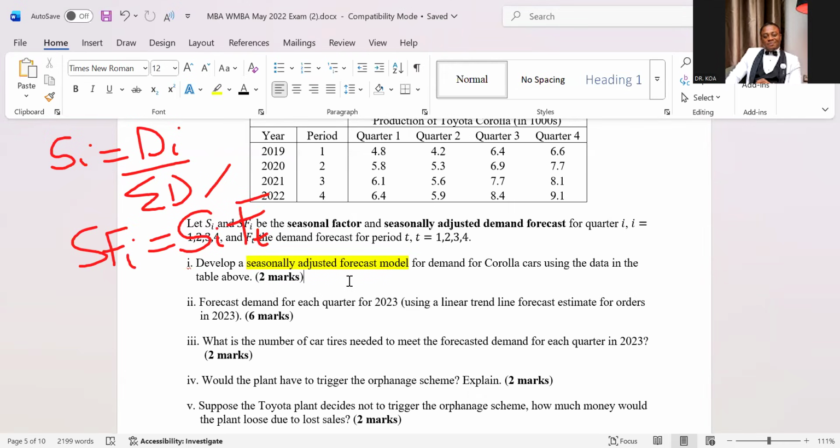So the seasonally adjusted forecast model is that one where you use the proportion to multiply the total to get the figure for that quarter. If I want to really know how much I'm going to produce next quarter, I must know the total production. And if I want to forecast how much I'll produce from January to March, I need to know clearly the total demand for now, because the forecast is dependent on the yearly production.